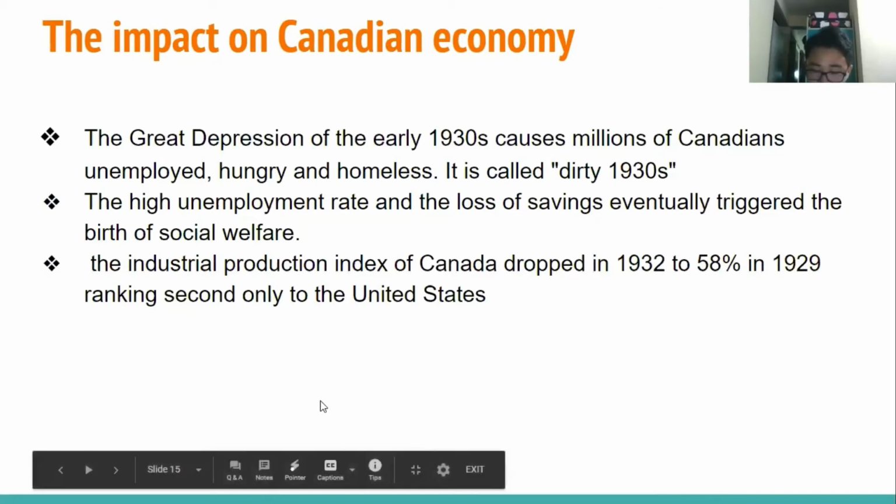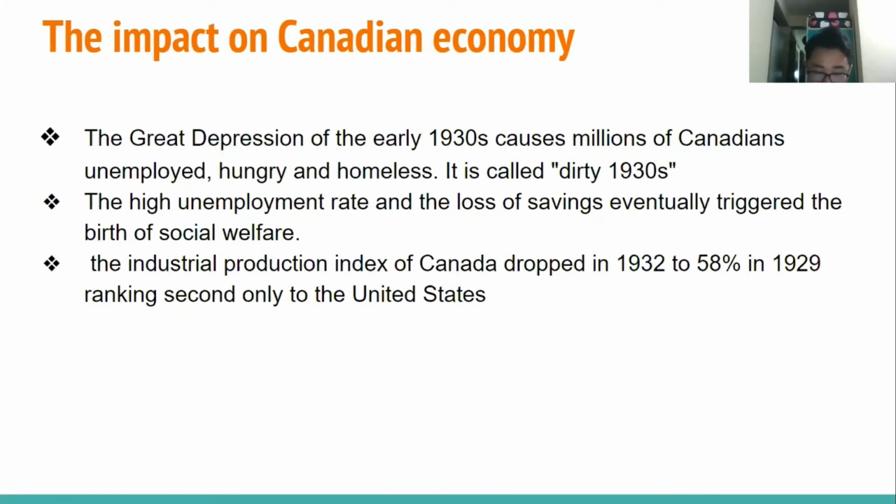Gross national income fell to 56% of 1929 at the height of the Great Depression in 1933. The unemployment rate reached 28%.